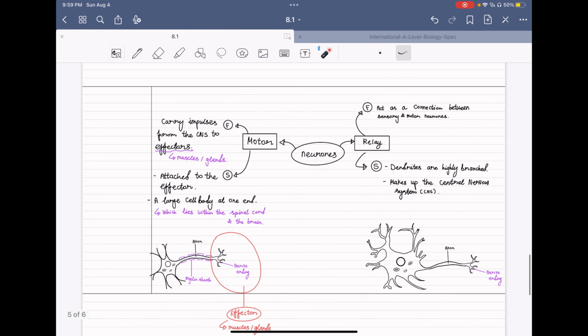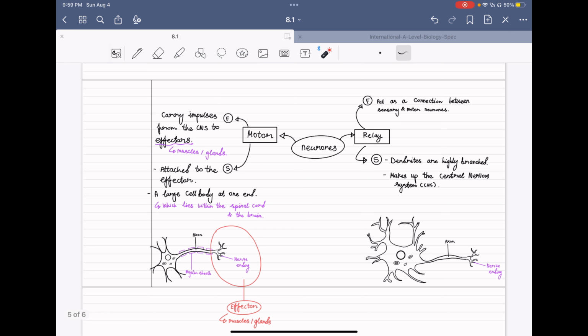And now we're going to look at the relay neuron, which has a function to act as a connection between sensory and motor neurons. So this is in the middle, and it has a structure of highly branched dendrites, and it makes up the central nervous system. This central nervous system is basically our brain and the spinal cord.